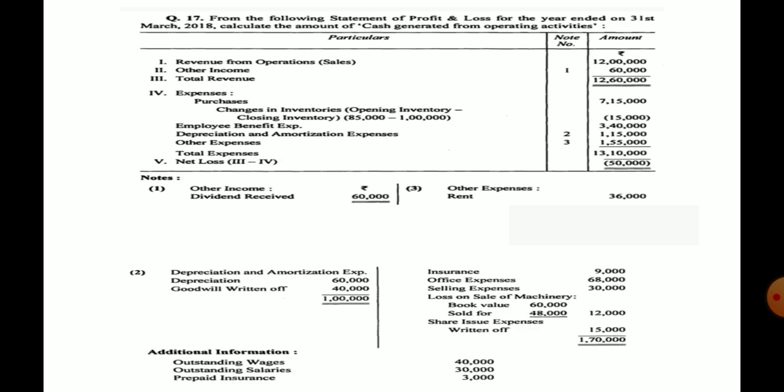So first of all you have to discover the items which are included in operating activity. First of all we have to discover the net profit, and here in the question the net loss is already given, right? Now we go on to prepare this cash from operating activity based on the P&L account.